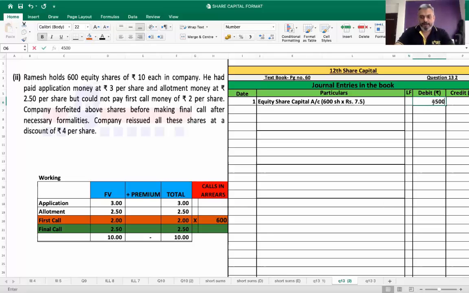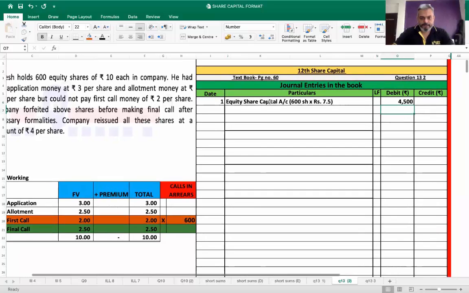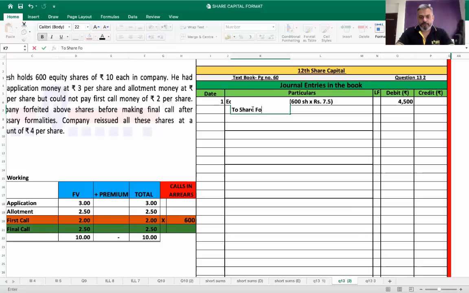So 4,500 debit to share forfeiture account. 600 shares into, we forfeit 5.5 per share.